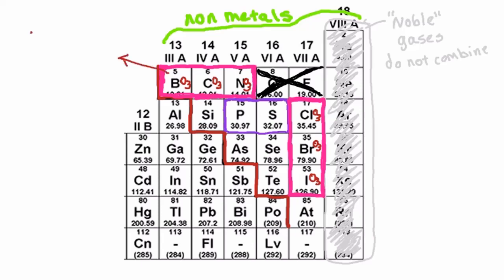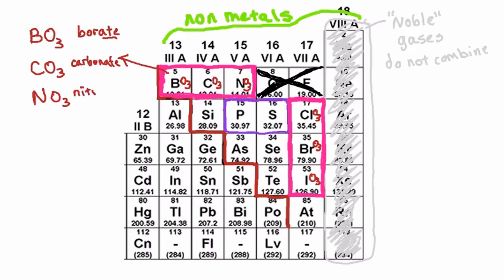So that means boron, I'm sorry, boron is going to have BO3, and that's going to be called borate. Carbon is going to have 3 oxygens, and that's going to be called carbonate. Nitrogen is going to have 3 oxygens, and that's going to be called nitrate.